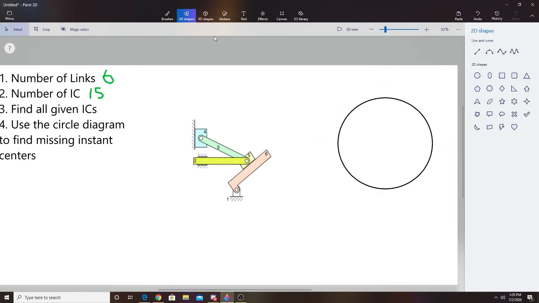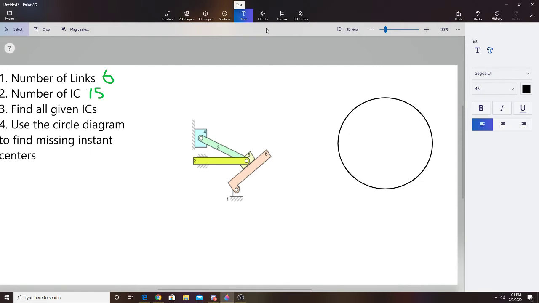Alright, and then I have to go ahead and number these. So I'm going to try this to be as neat as possible. 1. And then 2.